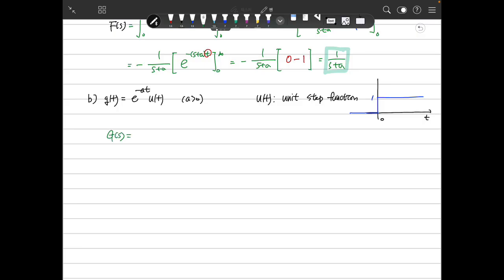From the definition, it is the integral from 0 to infinity of e^(-at) u(t) e^(-st) dt. Because u(t) is 1 for positive t, it does not matter here. So it is the integral from 0 to infinity of e^(-(s+a)t) dt. This is the same result.